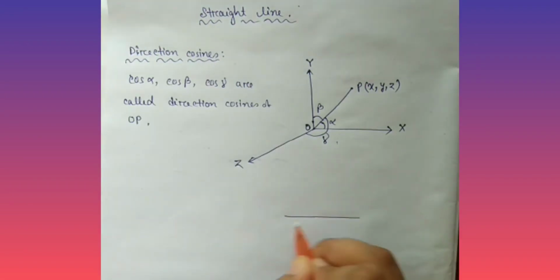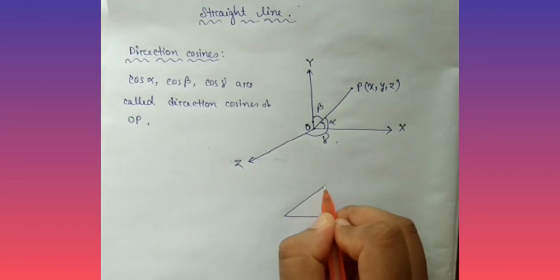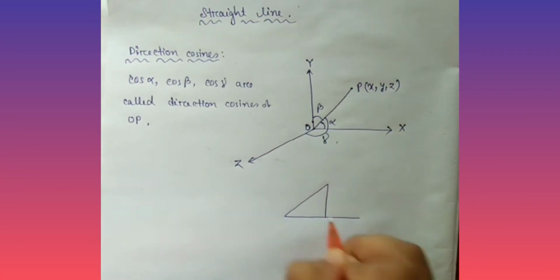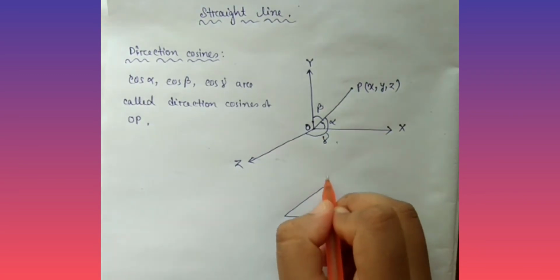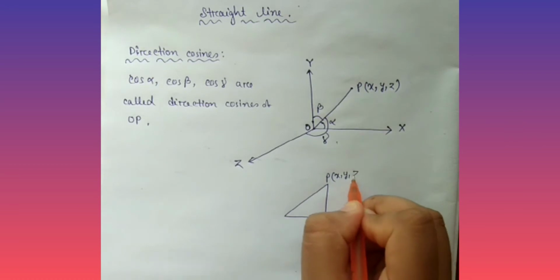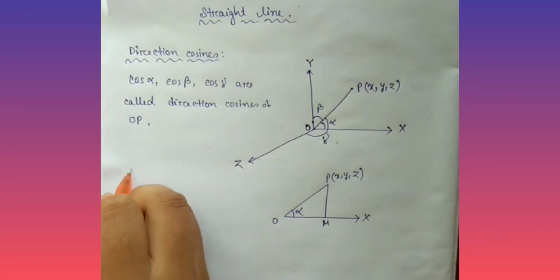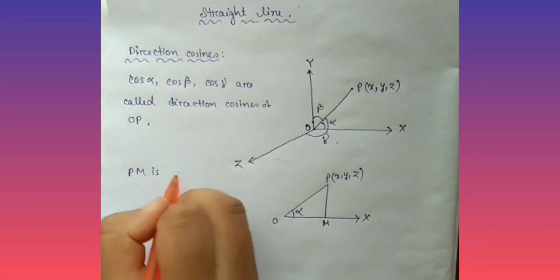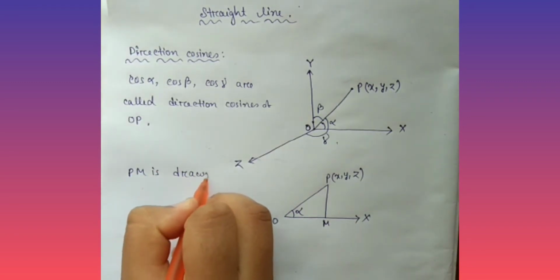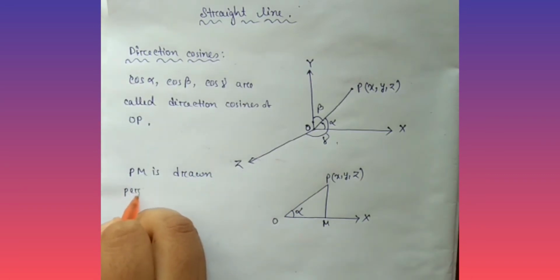Now we can find the relations between these direction cosines. To find the relation between these direction cosines, PM is drawn perpendicular to the x-axis.